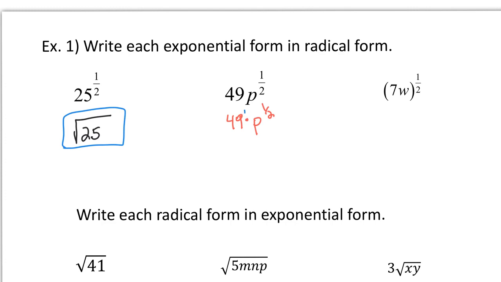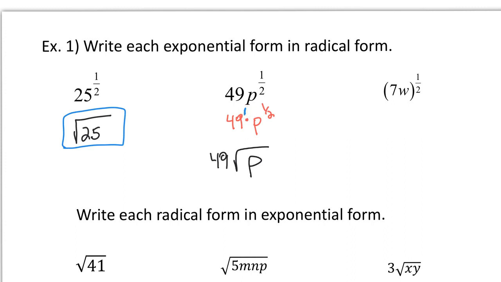So I'm going to put a 1 here. And what that means is only the one that has the exponent of 1/2 goes inside of the radical, the square root. And the only thing that has a 1/2 power or exponent is p. So you will have your radical here. P goes inside, but the 49 is going to go outside because it has an exponent of 1.